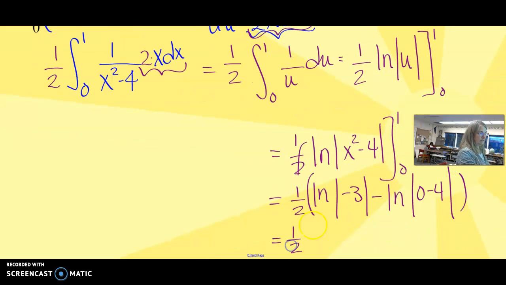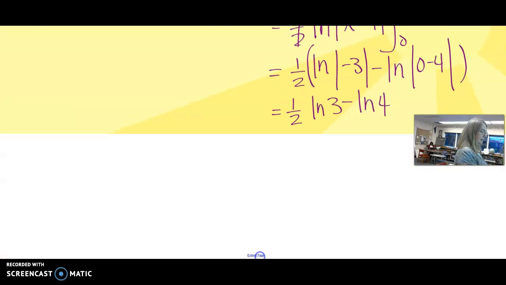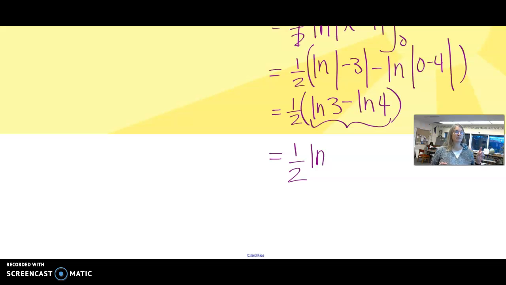So that becomes 1/2 ln of the absolute value of -3, ln of 3, minus ln of the absolute value of -4, which is 4. That works right there, but you can rewrite that as 1/2 times this whole thing. I didn't put my parentheses around there.